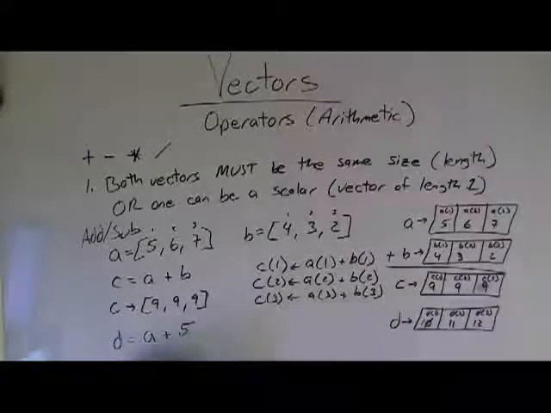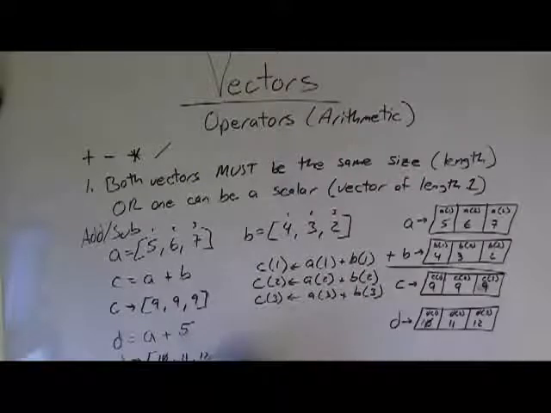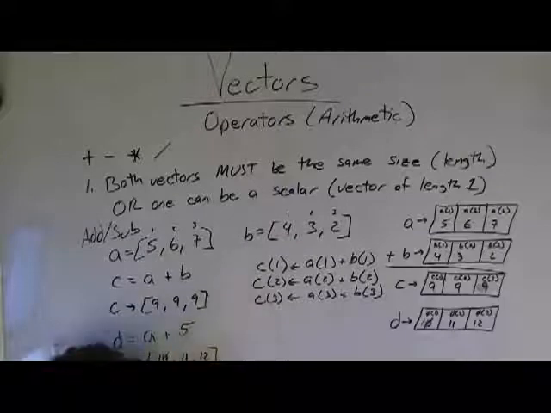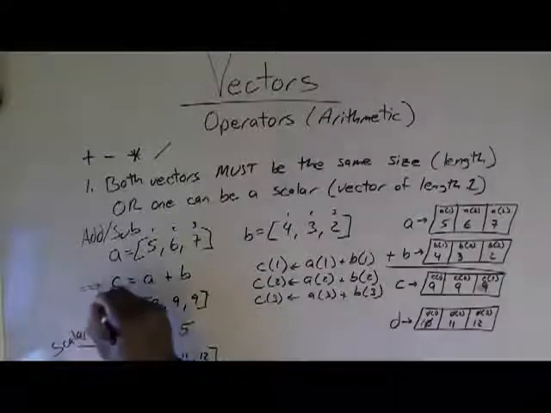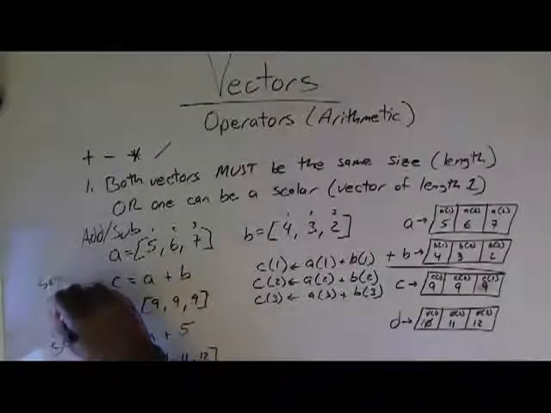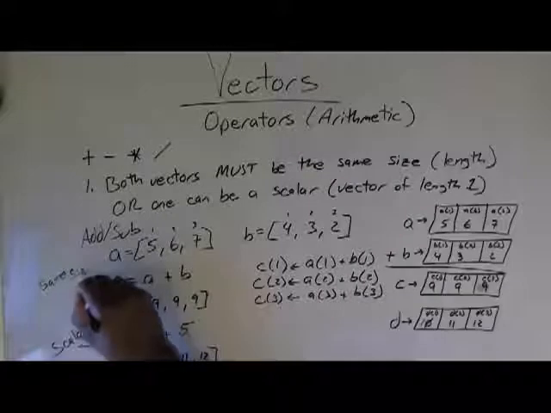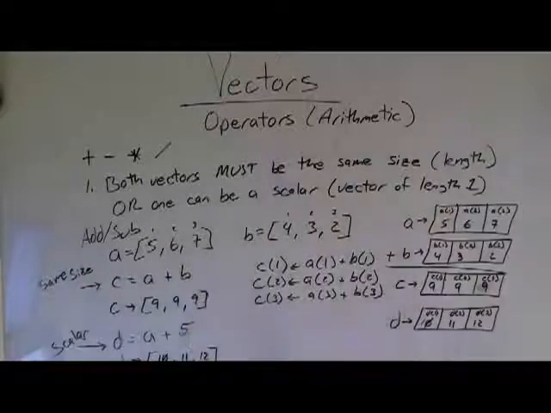Okay? So D is going to get the vector 10, 11, 12, because you add 5 to each element. This is what happens if you have a scalar plus a vector, and this is what happens when you have a same size vector plus a vector.